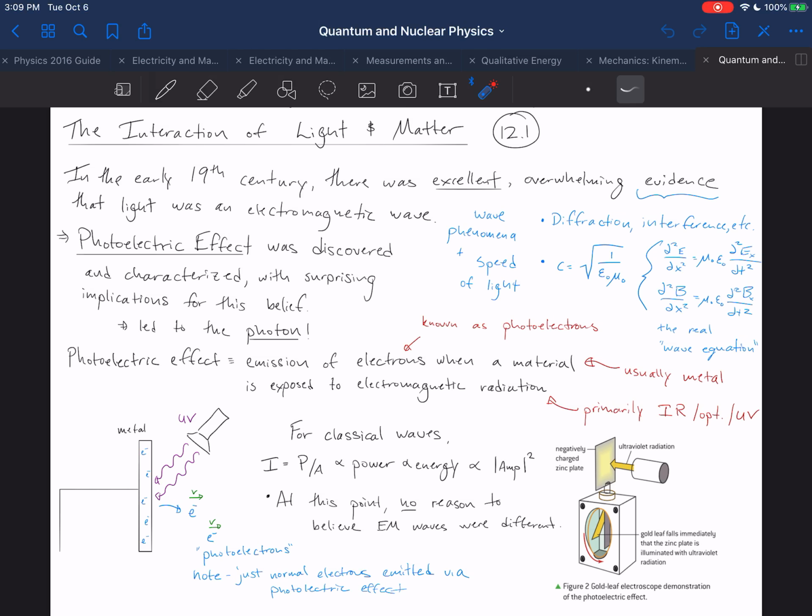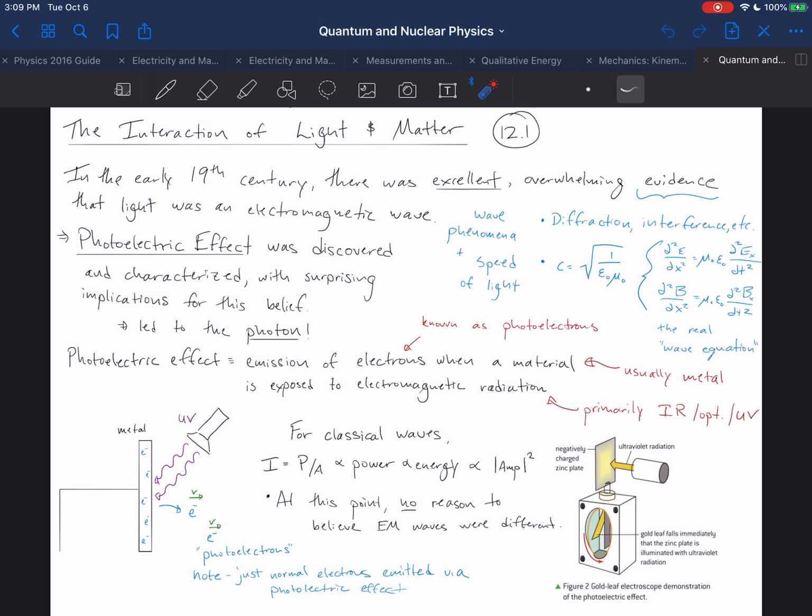And so that's why, when the photoelectric effect was discovered, it was discovered and characterized with surprising implications for this belief. It was characterized in a way that left no doubt that the theory that light was an electromagnetic wave had to be adjusted, because the effect, when fully understood, could not be explained on the theory that light was an electromagnetic wave.